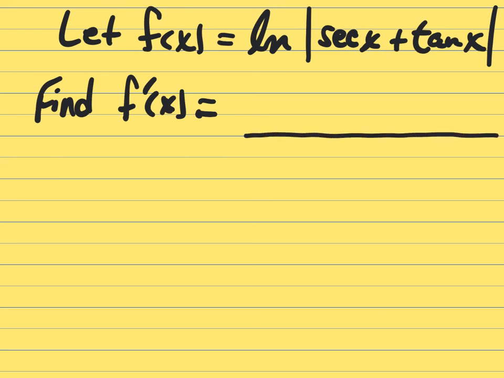Okay, so the formula for natural log's derivative is derivative over original. On the bottom, I'm just going to recopy secant x plus tan x. In the top, we have to put the derivative of those two trig functions. The derivative for secant is secant tangent.